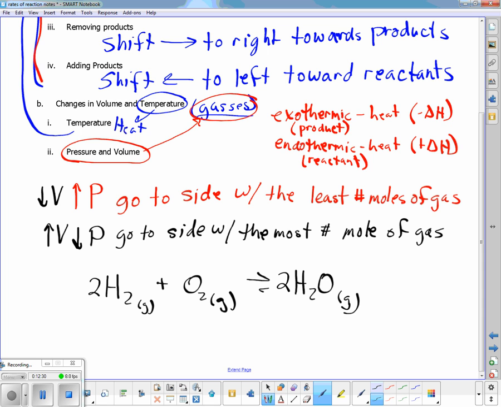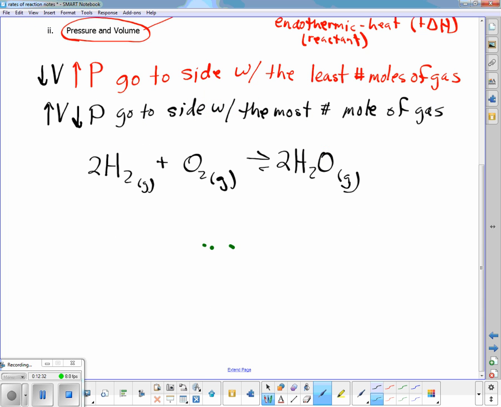Now looking at this, how many moles of gas do I have on the reactant side? I have 2 moles of hydrogen and 1 mole of oxygen, so I have 3 moles of gas. See that? Everybody okay with that? So how many do I have on this side?